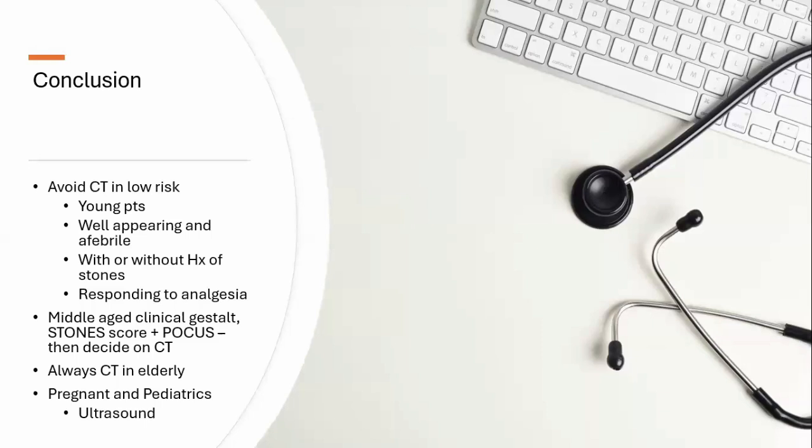Always, always, always CT in the elderly, because you can miss things, they can present atypically, and you can pick up weird and wonderful things, and it might not even be a stone. In pregnant patients and pediatrics, ultrasound. We're not going to talk about stones in pediatrics because that's metabolic endocrine disease that I think is best left for the pediatricians.